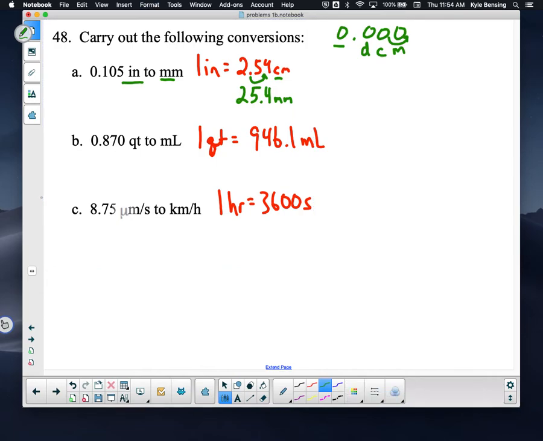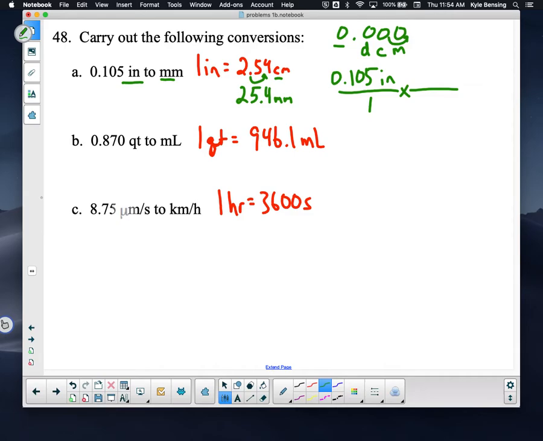So I start off with factor label by writing my problem with units over 1 and then multiply by, and now I've got to change the 1 inch equals 25.4 millimeters into a fraction.